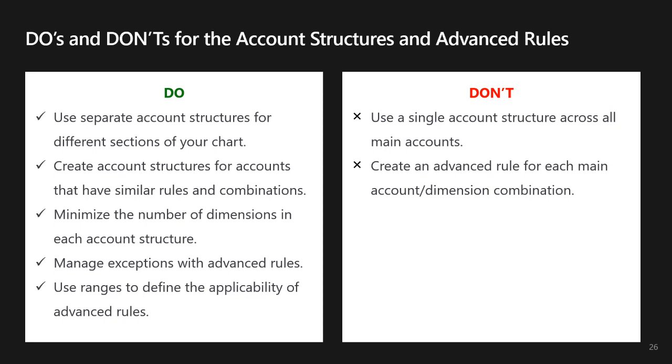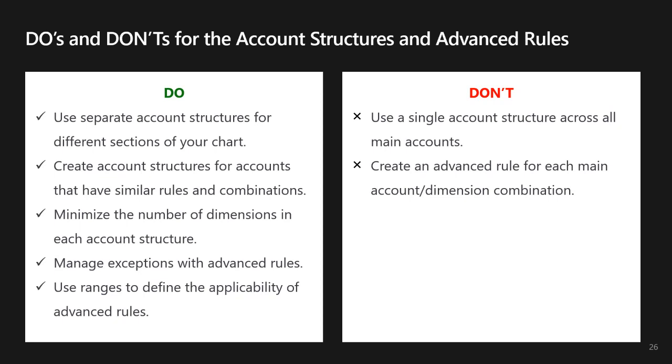Then create a separate account structure for those statistical accounts, because likely the statistical accounts don't need all of the dimensions and don't follow the same rules as the rest of the accounts. Even if they have all the same segments, you might be far more flexible on the combinations of dimensions in your statistical accounts than the rest of your chart. So that's the advice from an account structure standpoint.